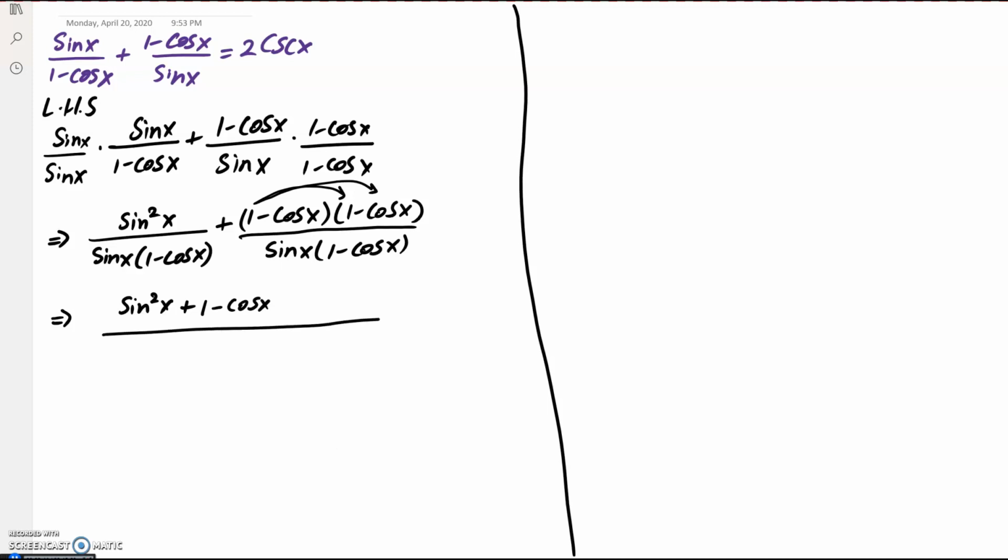Let me put the fraction, and the second one, negative cos x times 1 is negative cos x, and negative cos x times negative cos x is going to be plus cos squared x, and the denominator stays the same.